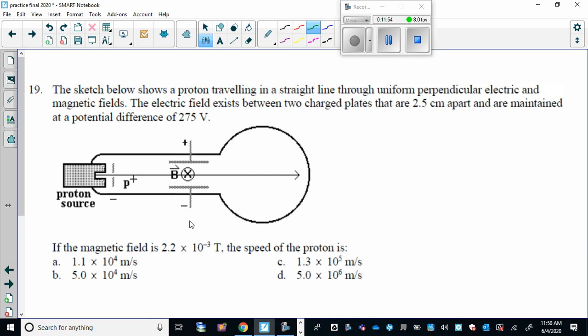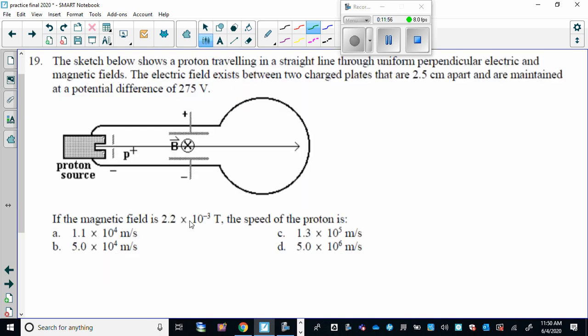19, the sketch below shows a proton traveling in a straight line through uniform electric and magnetic fields. The electric field exists between the two charged plates, which are 2.5 centimeters apart, and is maintained with a voltage of 275.